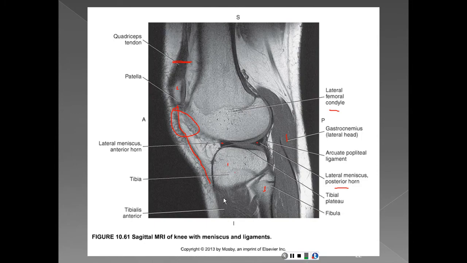Let's go back to this, because there's some things that I do want to read so that you understand and know. Let's talk about some of the anatomy here. The fibula. The fibula is a long, relatively thin bone that has expanded proximal and distal ends. The proximal end is the head, which ends in a sharp superior apex.